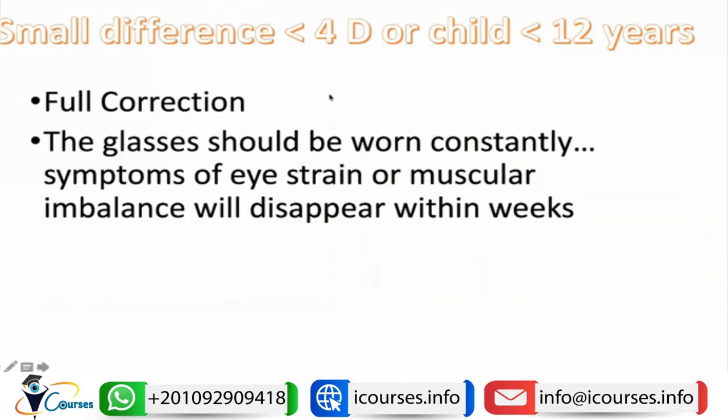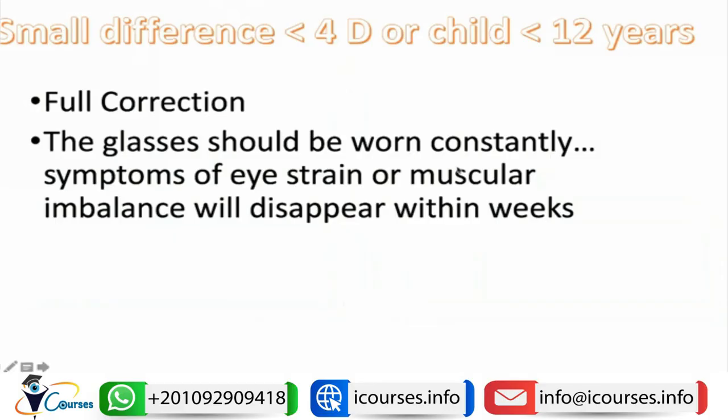They will be happy with full correction and will not be annoyed by it. So don't hesitate to give the child the full correction if there is a small difference between both eyes, less than 4 diopters, or if the child is less than 12 years old. But we should stress that the glasses should be worn constantly.